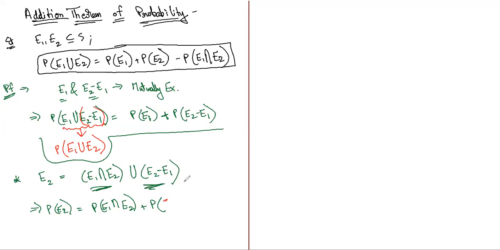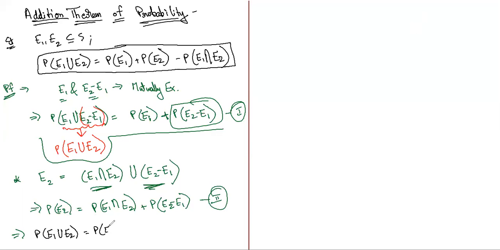Okay, now we will just substitute. What will we substitute? Instead of this, you substitute this value. Suppose this is 1 and suppose this is 2. From 1 and 2 you eliminate P of E2 minus E1. Therefore P of E1 union E2 is equal to P of E1.